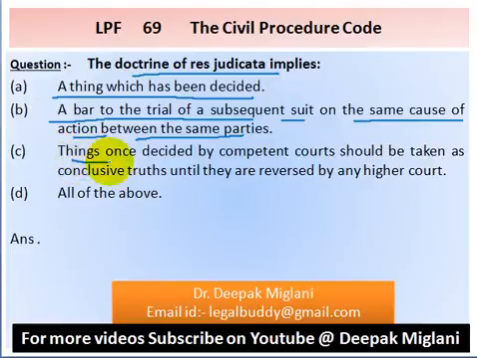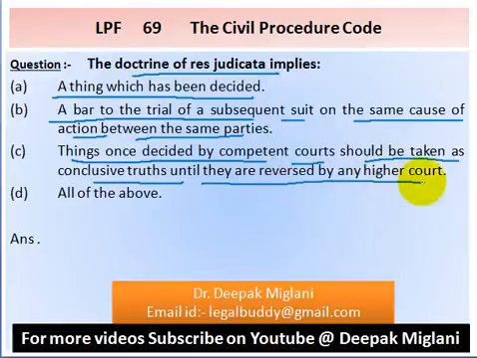Option C, things once decided by the competent courts should be taken as conclusive truths until they are reversed by any higher court. Answer is option D. The doctrine of res judicata implies a thing which has been decided. It is a bar to the trial of a subsequent suit on the same cause of action between the same parties. Things once decided by competent court should be taken as conclusive truths until they are reversed by any higher court. So answer is option D.